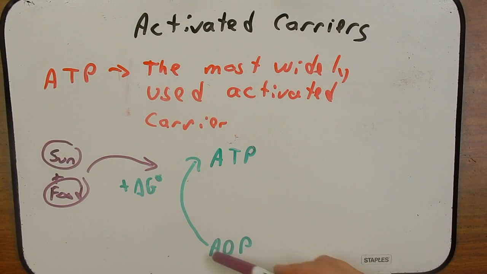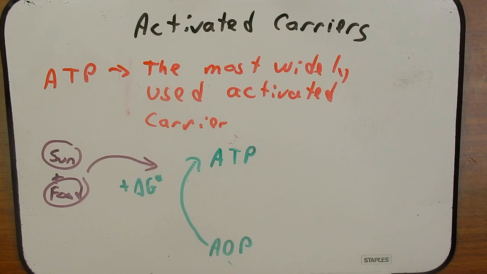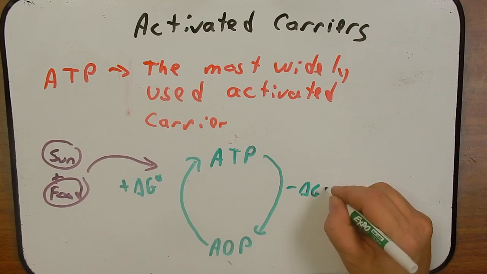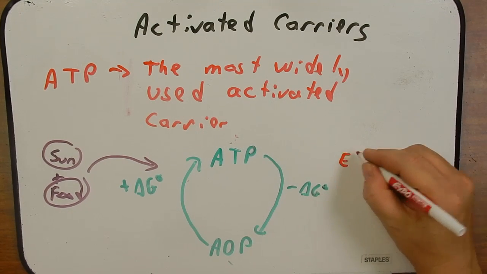And these reactions, through various steps, will create this ATP. The ATP itself is an activated carrier. It is fairly easily converted back to ADP. It has a negative delta G0. But its role is to be this carrier, as I said. And as that carrier, it uses that energy.